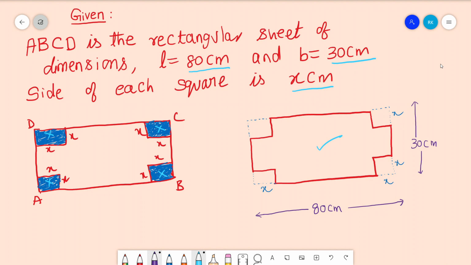Now just think about the new length. The new length would be 80 minus 2x. Why? Because we are removing 2 x's from the total length 80 centimeter. In the same way, new breadth would be 30 minus 2x.